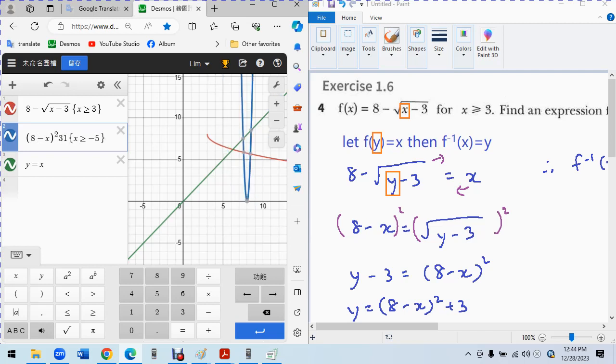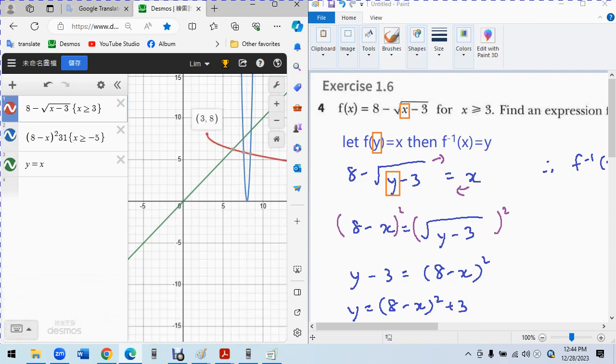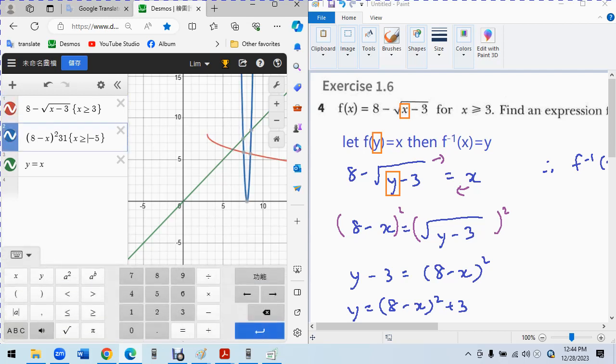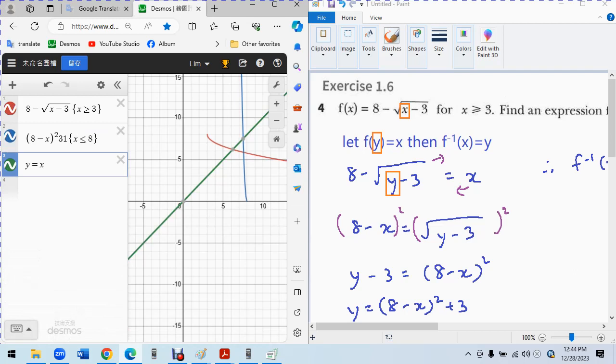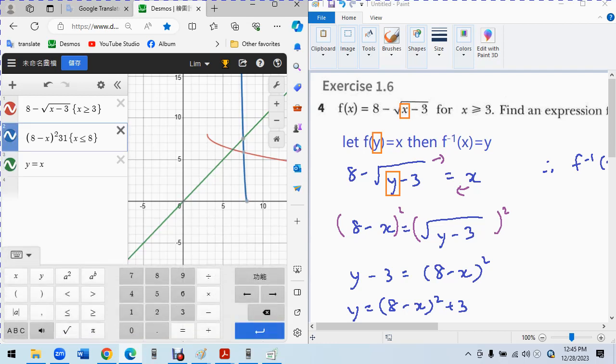For this one we have the range less than or equal to 8. Then we have y equal to x here, 8 minus square root x minus 3, then this is 8 minus x squared plus 3. This is plus 3, not this one.